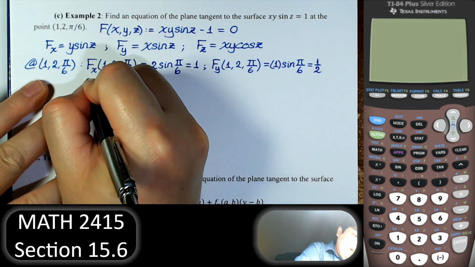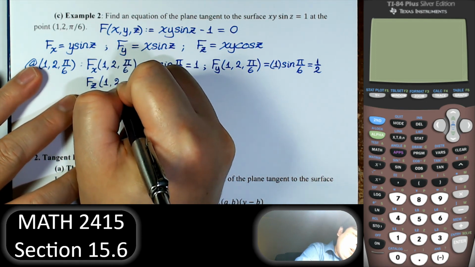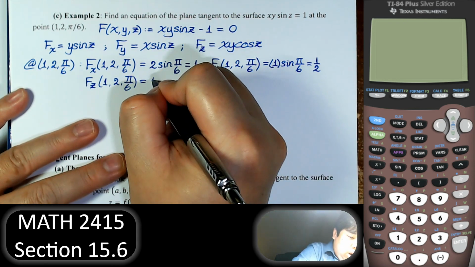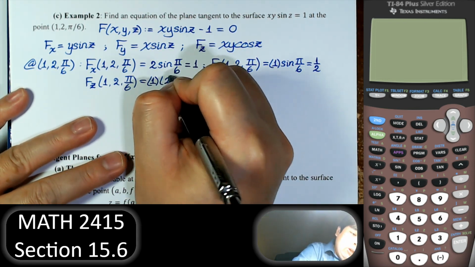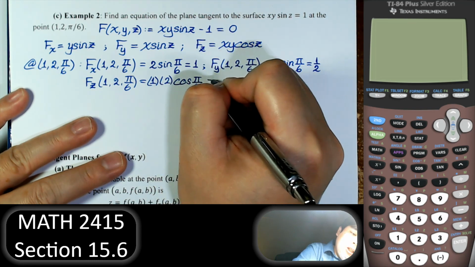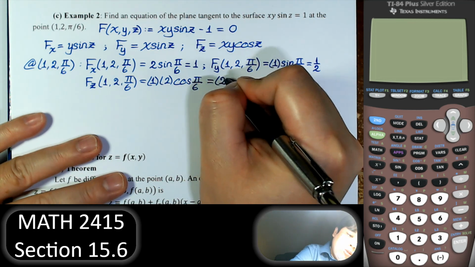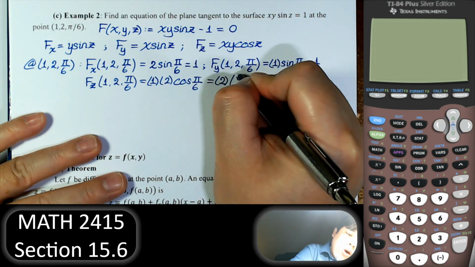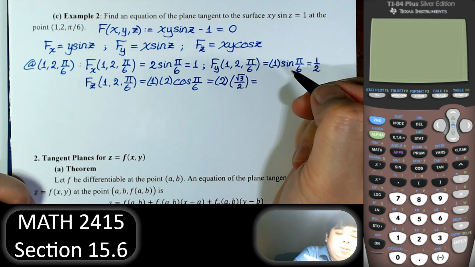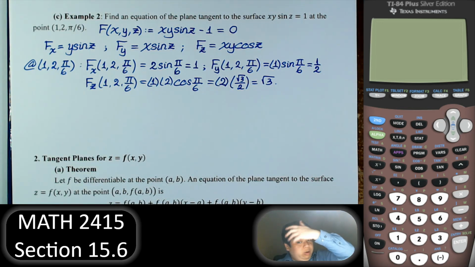And then partial derivative with respect to z at the point. We still have x is 1, y is 2, and cosine of pi over 6. Cosine pi over 6 is square root 3 over 2. So we have 2 times square root of 3 over 2. And so that's just square root of 3. Right, so we have that.